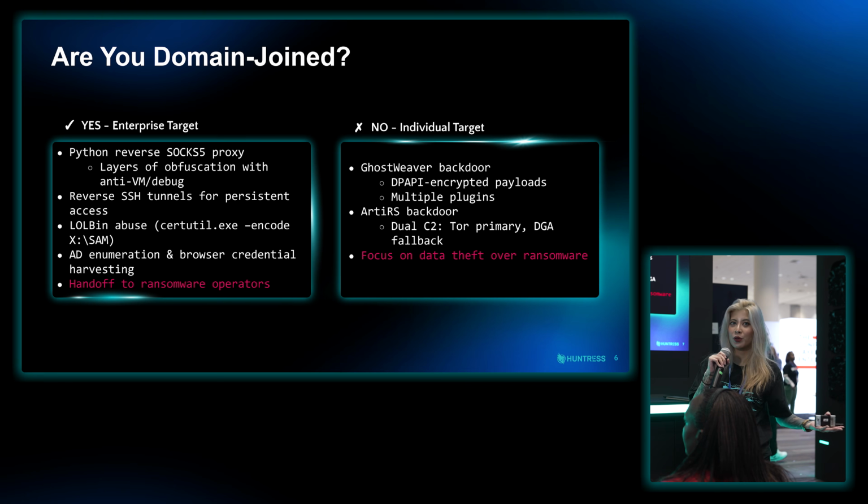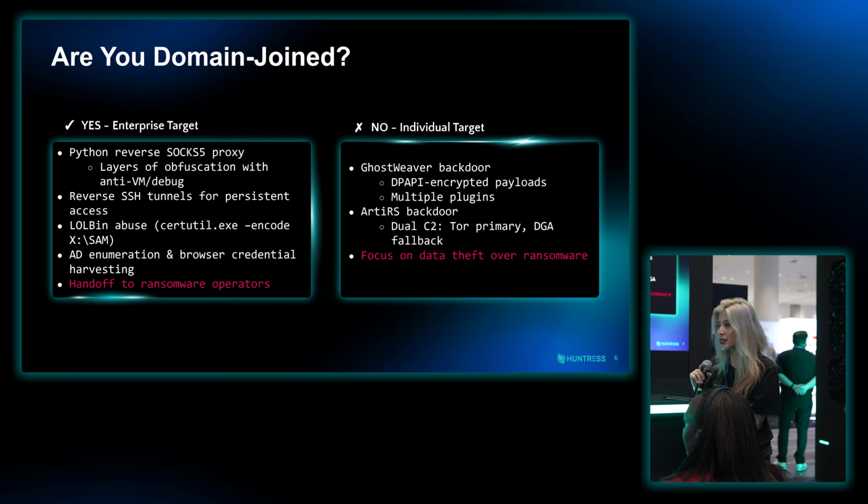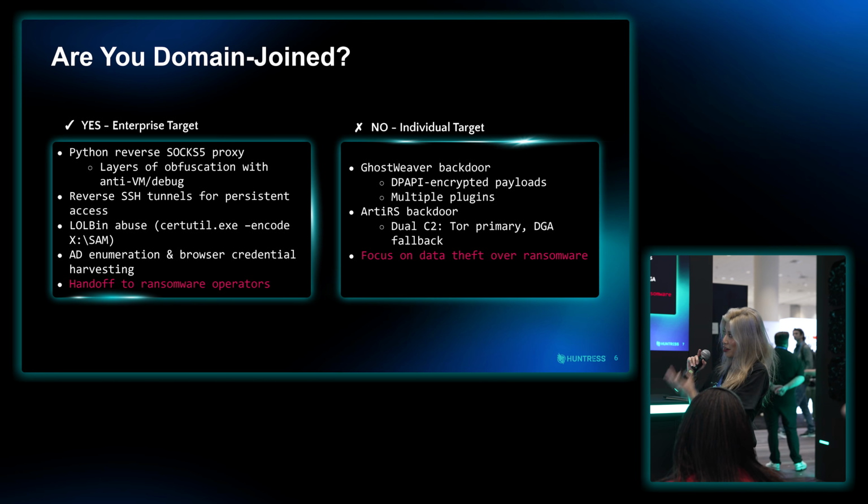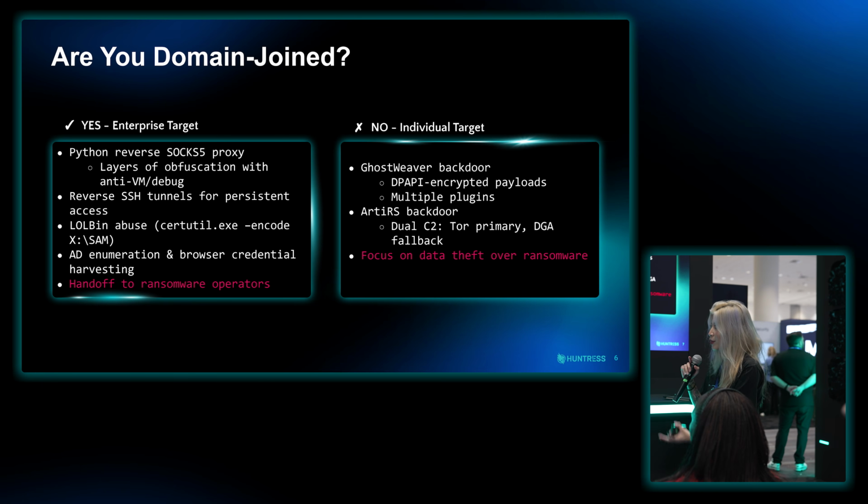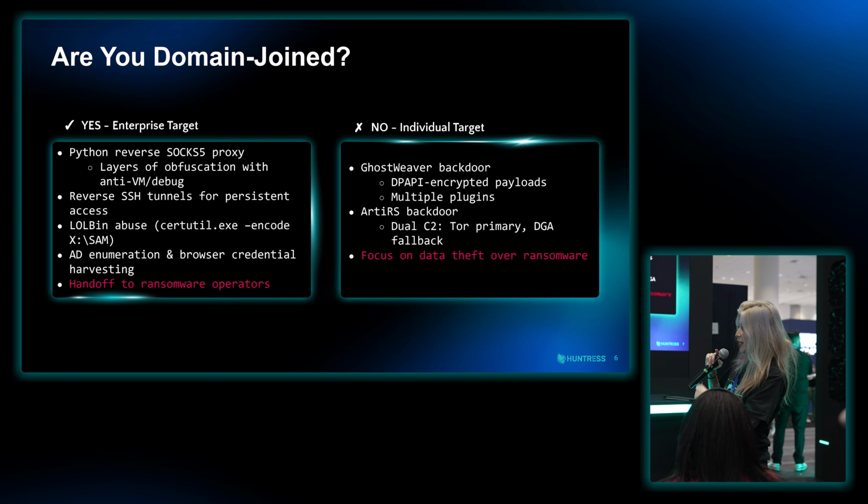So they're going to map out what's running in your environment, domain controllers, file servers. They're going to map out the whole environment so they know where to move laterally next. And then they still care about your browser credentials, right? We'll talk about that one later. And finally, they do the handoff to the ransomware threat actors, the cool guys.